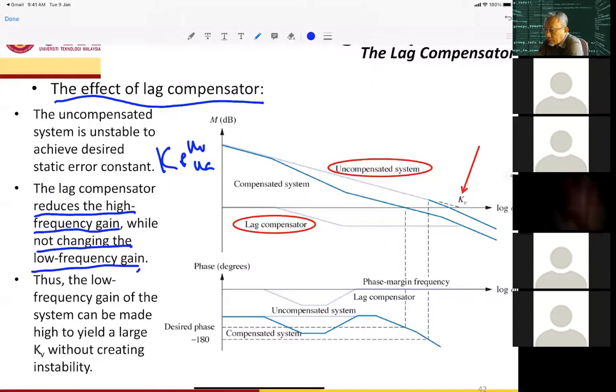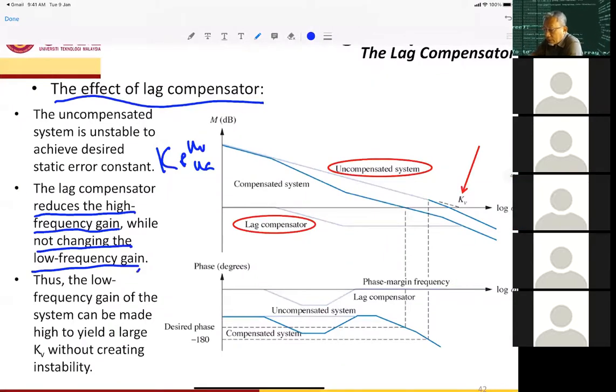That is the effect, which stabilizes the system, and thus the low frequency gain of the system can be made high to yield a large Kv without creating instability.